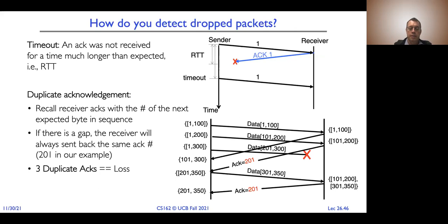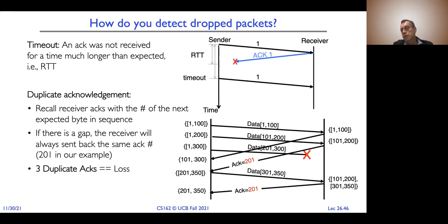And the other one I just alluded to earlier is when I receive the same acknowledgement, the same expected sequence number, over and over again. In this case, I send you the packet from 100 to 200. So you tell me, the next sequence number I am expecting from you is 201.